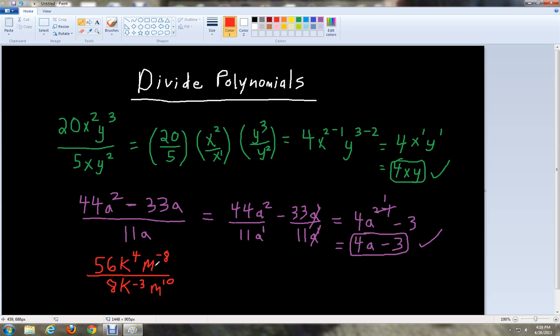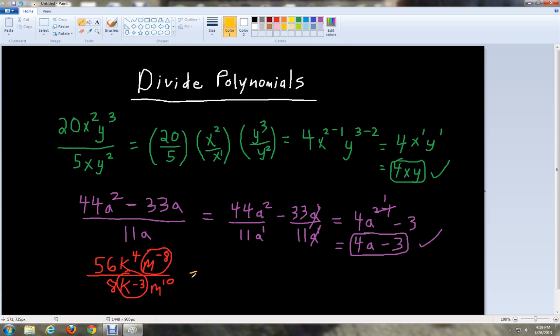But in the end, we'll hopefully have some kind of division with polynomials once we are simplified. On the surface, with m to the negative 8 and k to the negative 3, since they're negative exponents, they don't look like polynomials right away. But let's just see what happens when we do some simplifying.